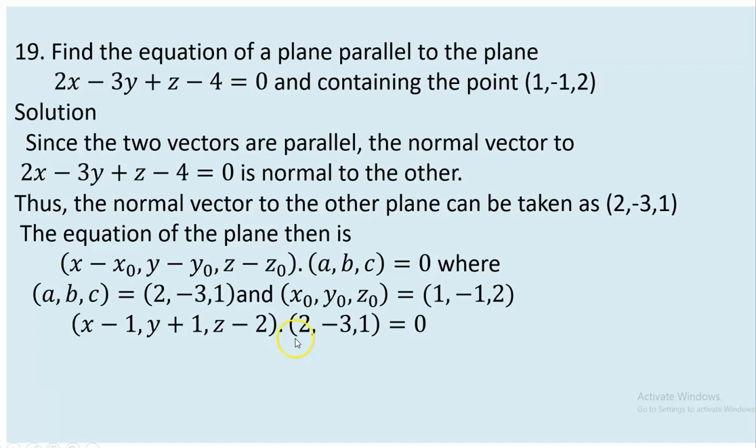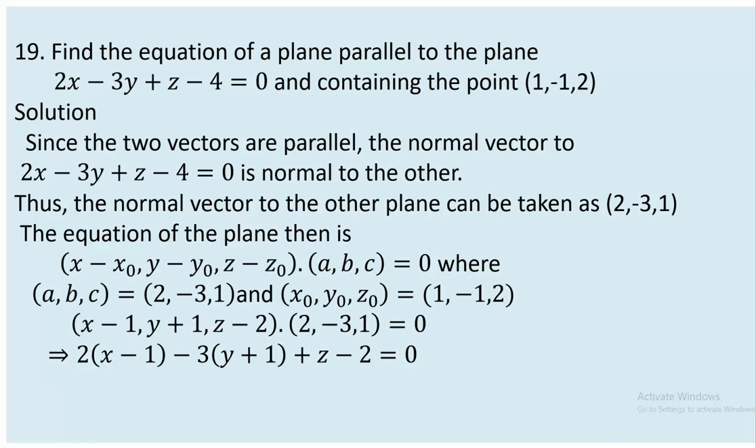Now what comes next is just to carry out the dot product. So this x - 1 will be multiplied by 2, plus y + 1 is multiplied by -3, plus z - 2 is multiplied by 1, and that has to be equated with 0. So you will get this expression.